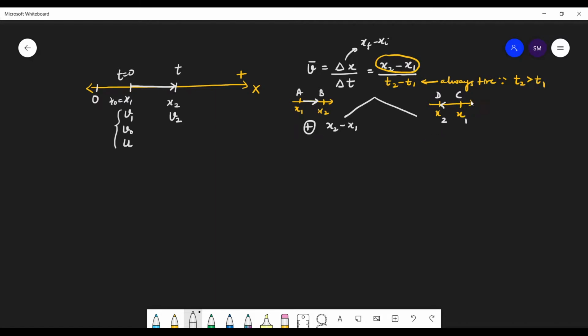And this direction is positive direction. And this is where your origin is. So obviously in this case, x2 minus x1, which is your displacement, will be negative here.